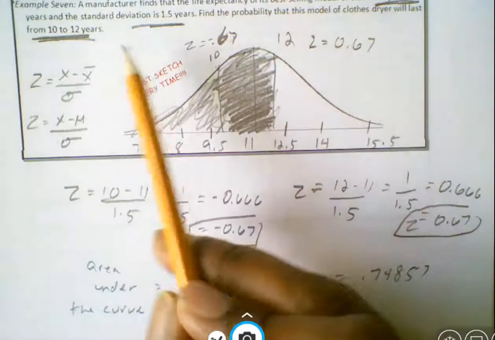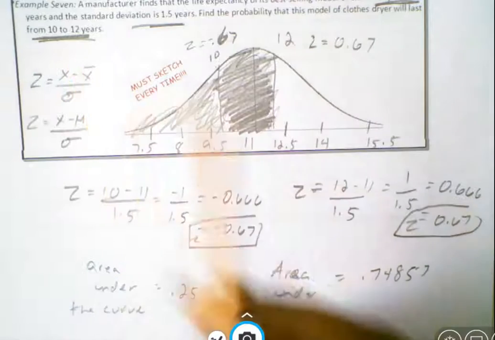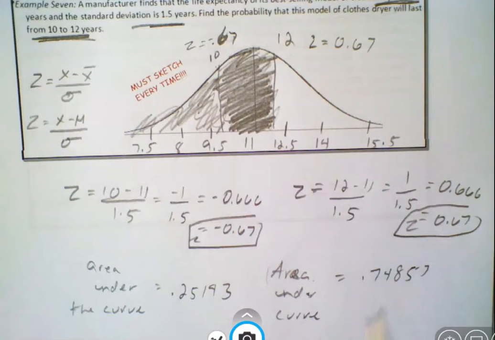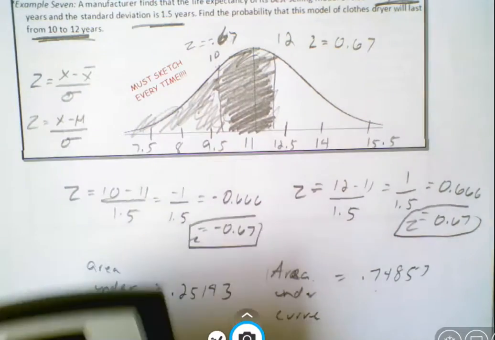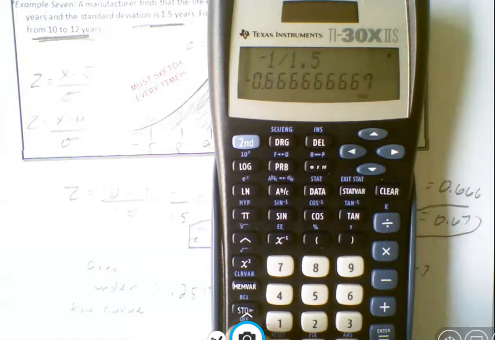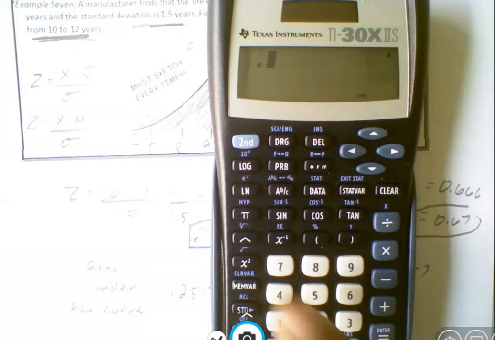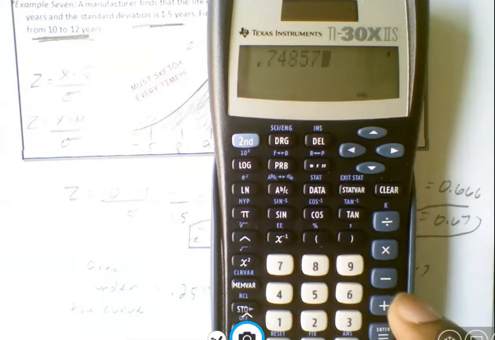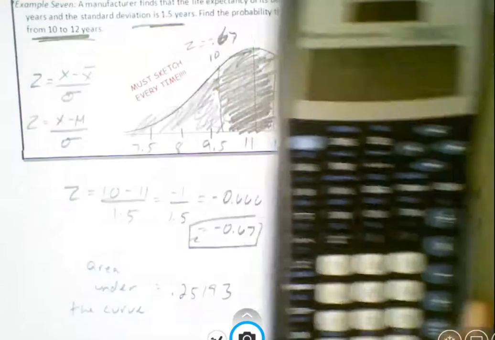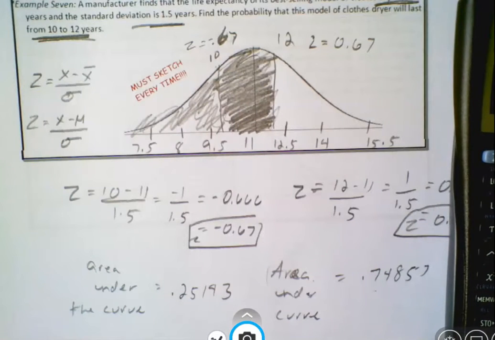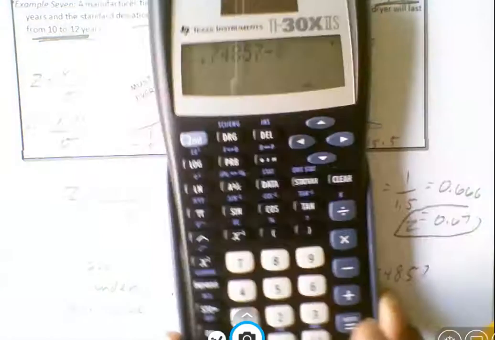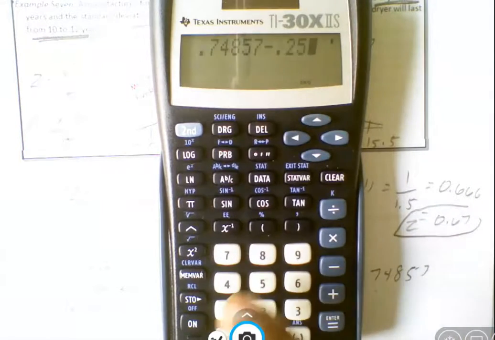Whenever they give you a z-score between two numbers, you're going to subtract them somehow. I'm going to take the larger one and subtract the smaller one from it. So 0.74857 take away 0.25143.